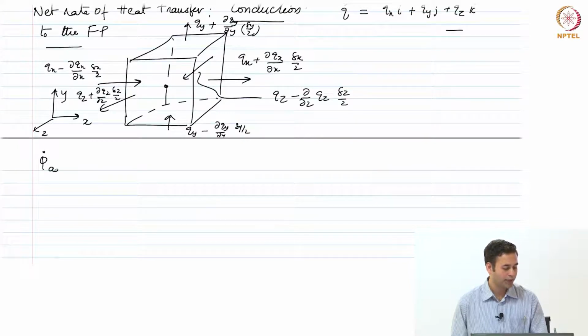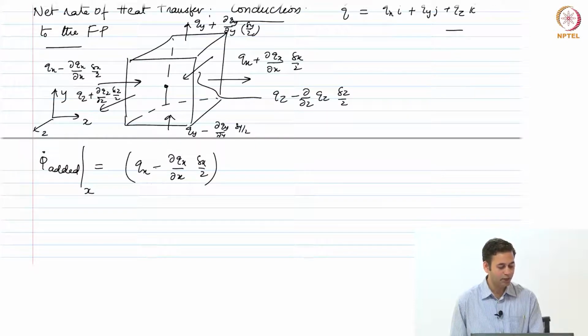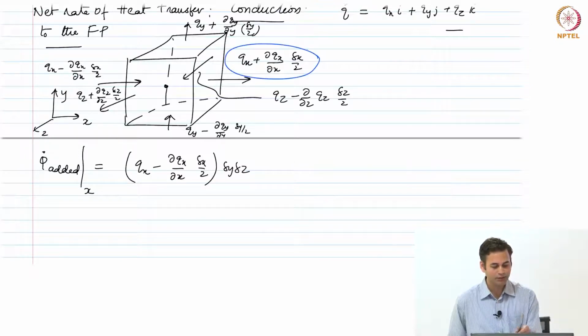So, q dot that is added would be what? Whatever is being added from the west face we consider as positive, whatever is leaving from the east face would be negative. So, this would come out to be qx minus partial qx by partial x delta x by 2. Okay, I will first consider the x direction. This is being multiplied with delta y delta z to give me the heat transfer rate, because this is the flux. So, I multiply with delta y delta z, this is being added, and then what is leaving the east face? This quantity is leaving the east face, right.